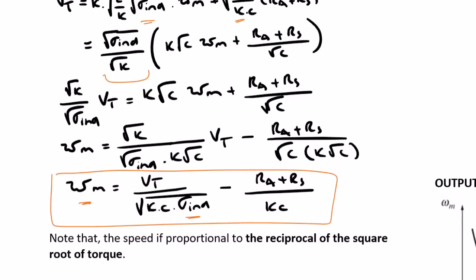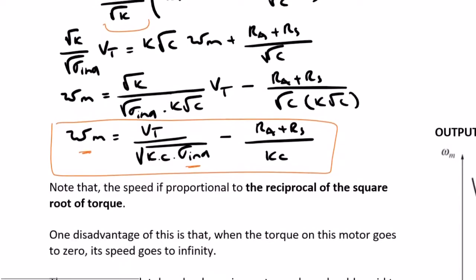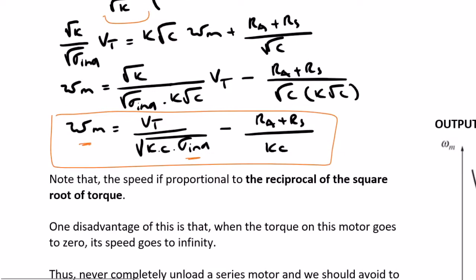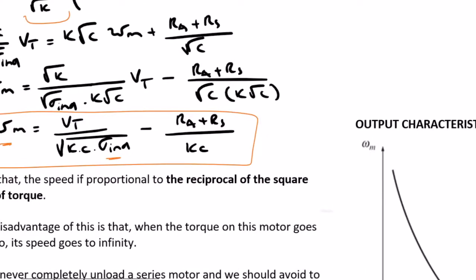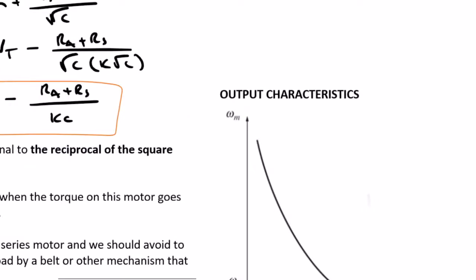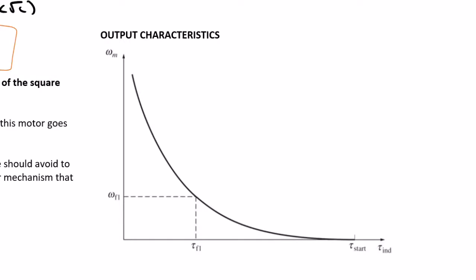So note that the speed is proportional to the reciprocal of the square root of the torque, which is interesting, because if you then plot this equation, this is what you're going to have. This is the plot of the speed versus the induced torque. As the induced torque is getting larger and larger, the speed is getting less and less.